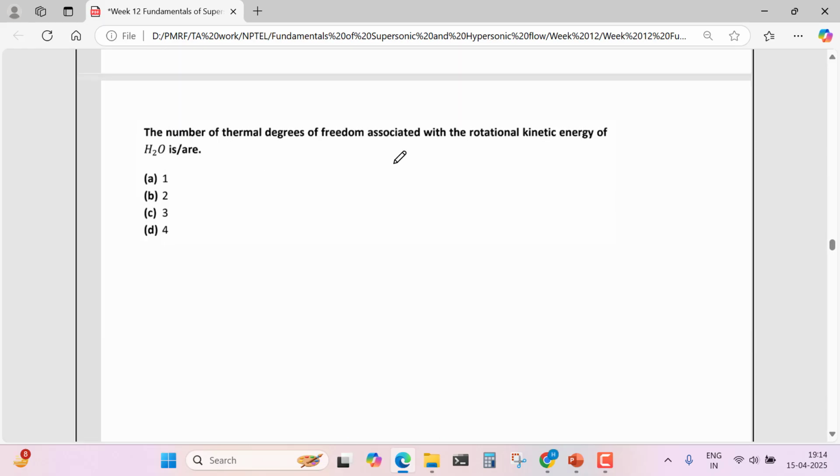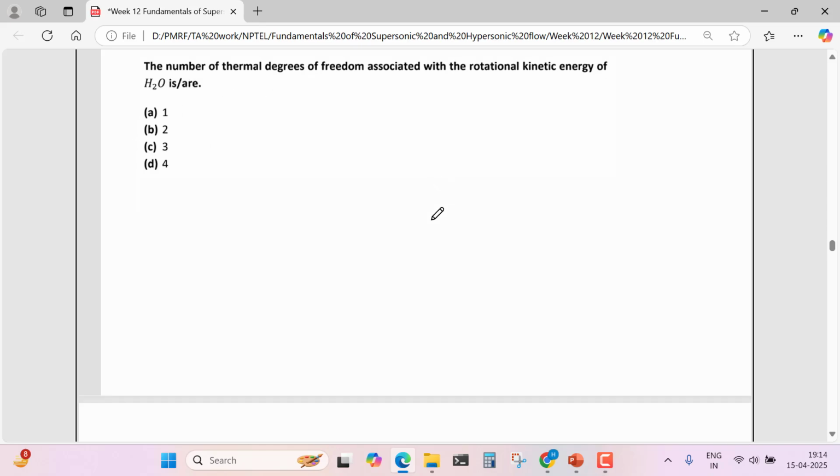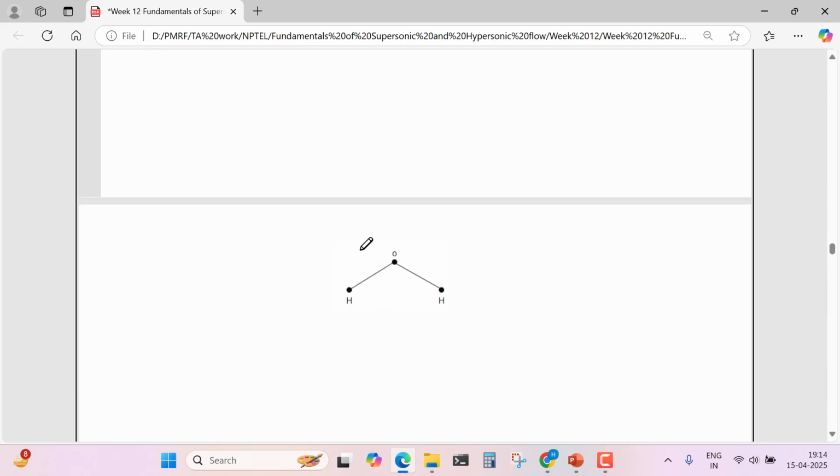As it has 3 atoms, we have to check the structure of this molecule, and the structure of H2O is like this.